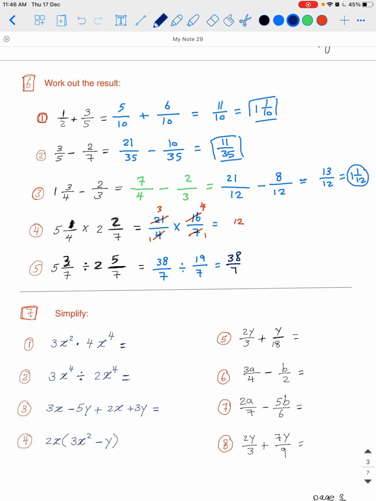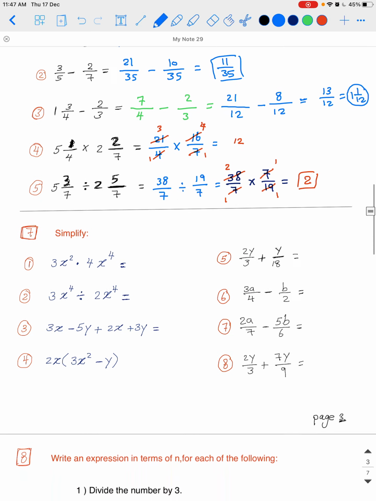I will leave it the same, 38 over 7. I will multiply it by 7 over 19. Let's simplify. 7 with 7. Divided by 19 is 1. Divided by 19 is 2. Because actually 38 is 19 multiplied by 2. So at the end it will be 2 over 1. That means 2.